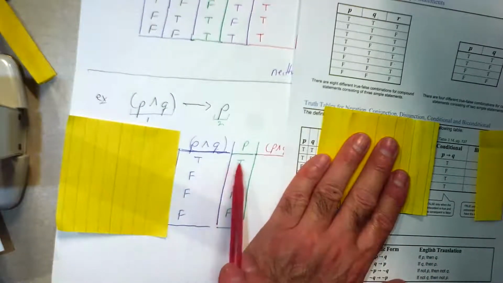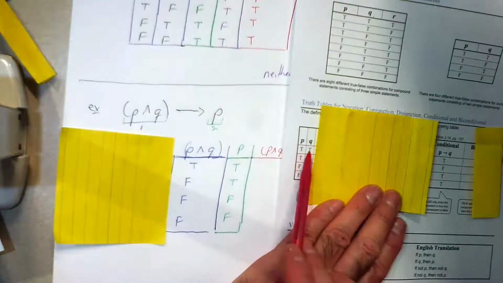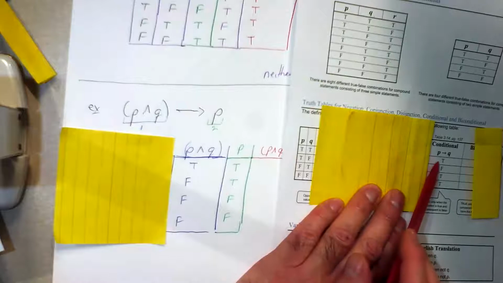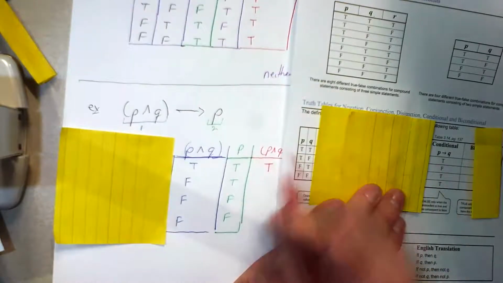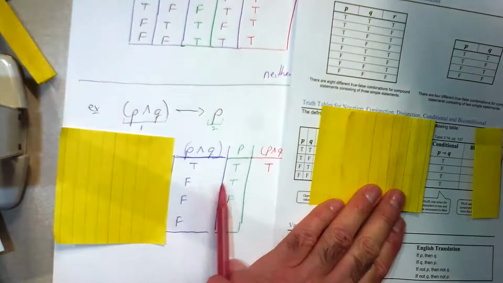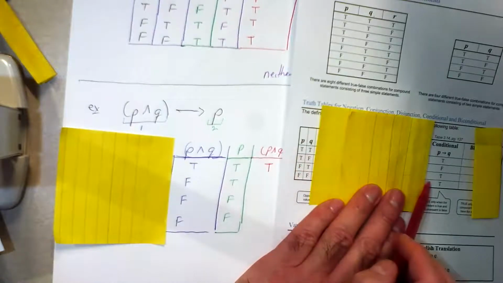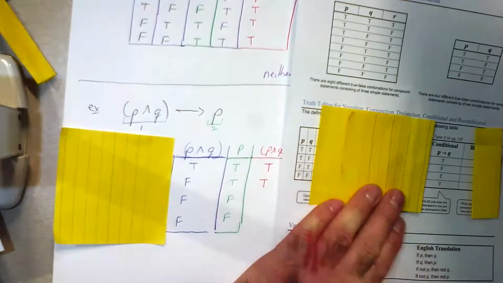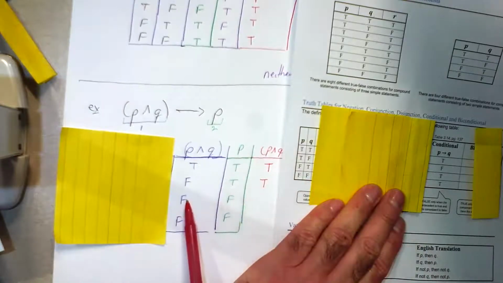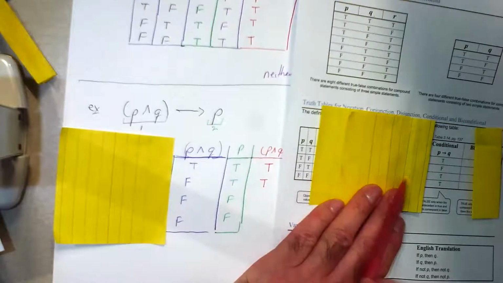So TT on my notes, TT on my conditional, TT is equivalent to T. Next row, FT, looking for FT. Oh, that's the third row. The third row is FT. My answer is T. Last row, FF. FF is the last row.